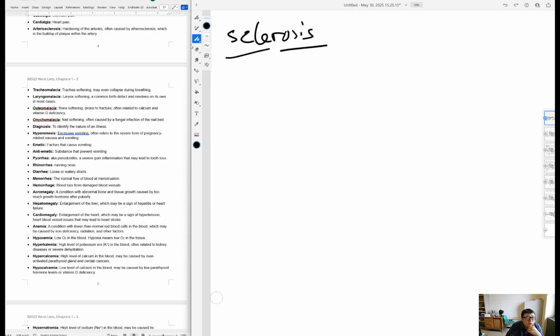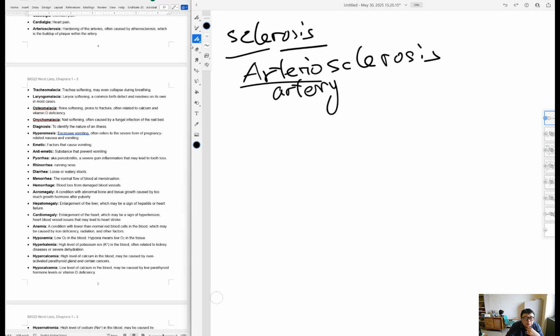And sclerosis is actually a pretty bad disease. Here the example given by the syllabus is arterial sclerosis. That means the artery becomes hard.